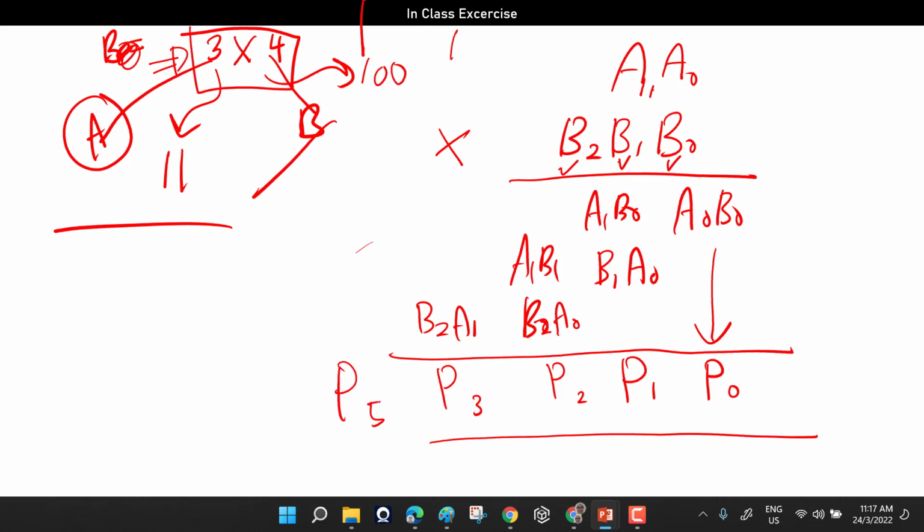5 bits means up to P4, since I start at zero. Why is there one here? There can be a situation where this is 1 and there is a carry out coming over from here. If it is 1 and 1, there will be 1, 0, because 1 and 1 make 2, which equals 0, 1 here.